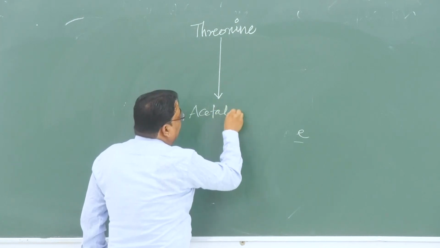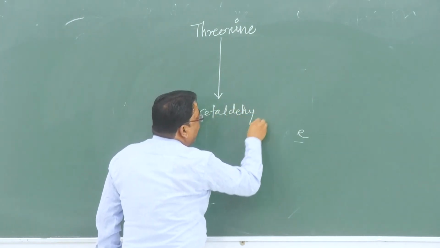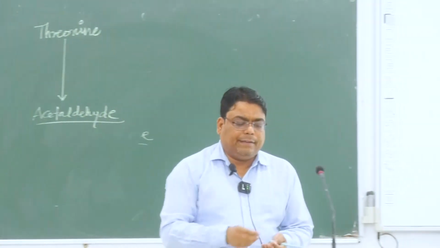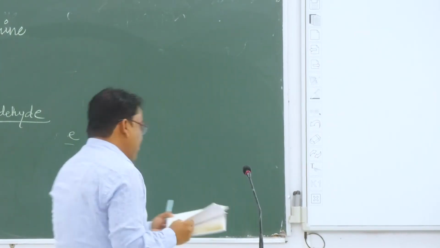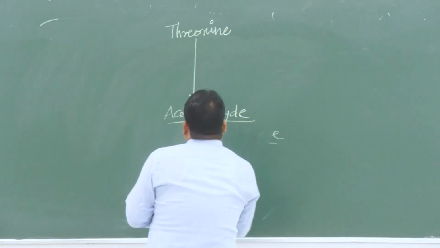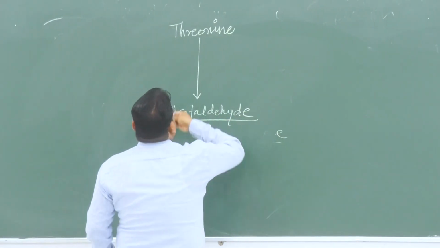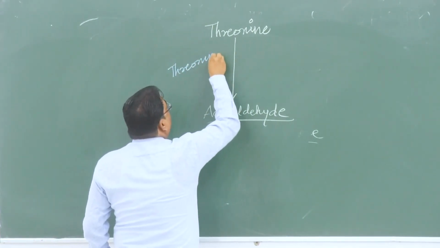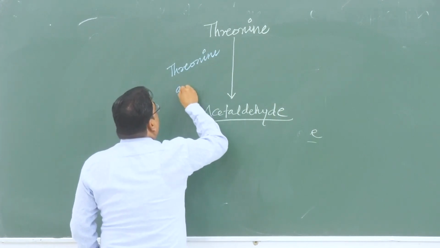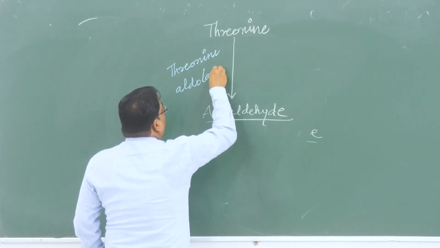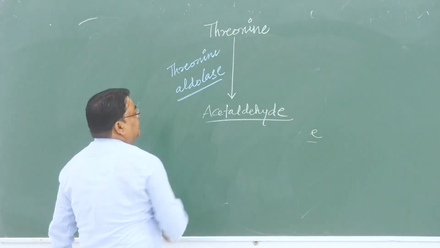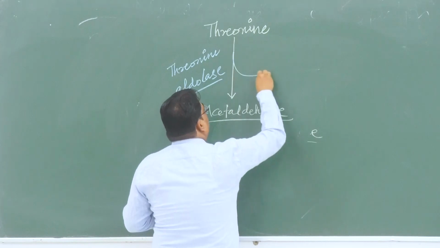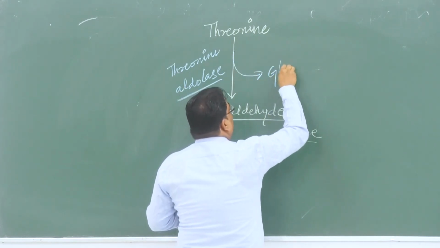Produces acetaldehyde by the enzyme threonine aldolase, which processes the removal of an amino acid called glycine.